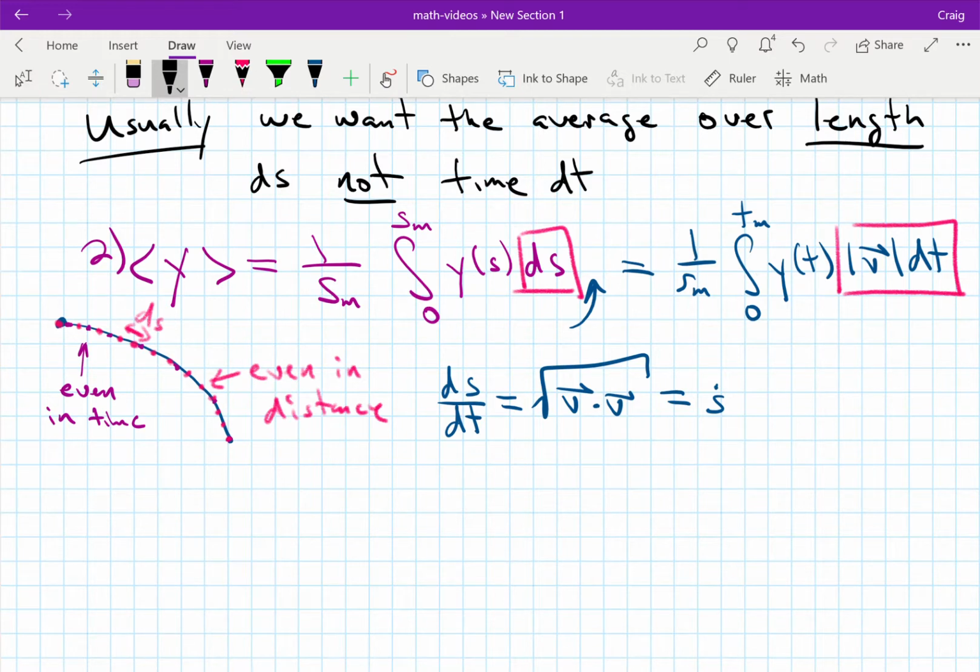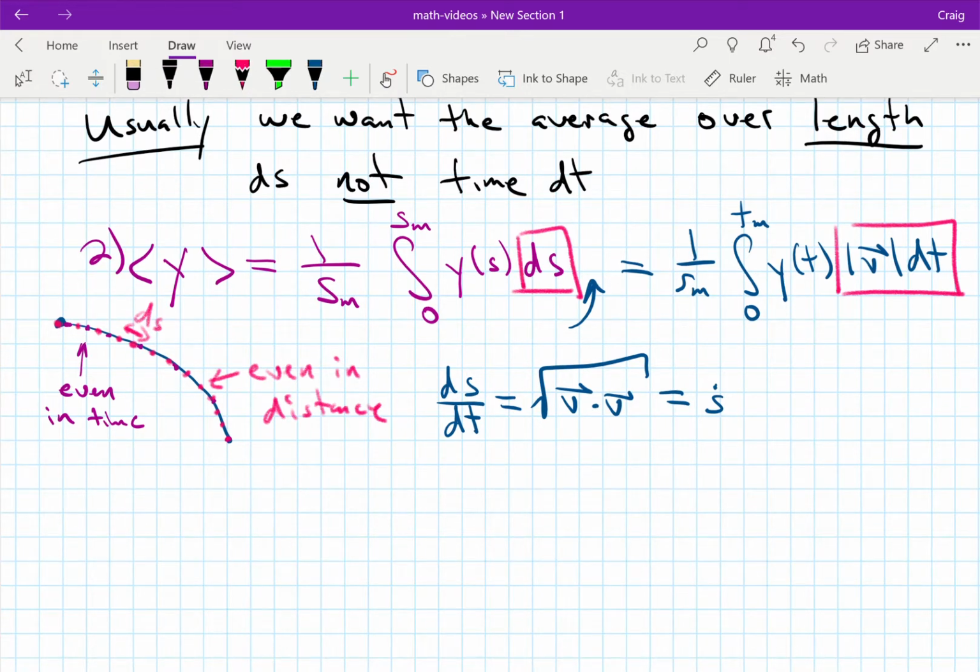Okay, and so for our problem here, we have y as a function of time, and I can simply write the answer. So that's 1 over the total path length, which we computed in the previous part of the problem, and I need to integrate the height times the speed, and the height is L minus 1/2 g t squared.